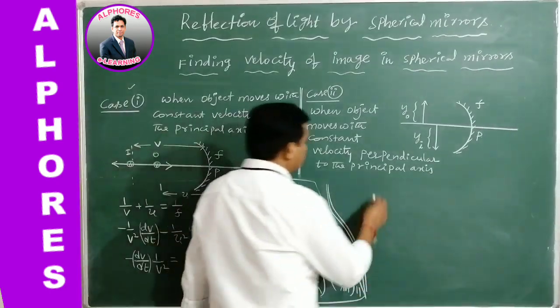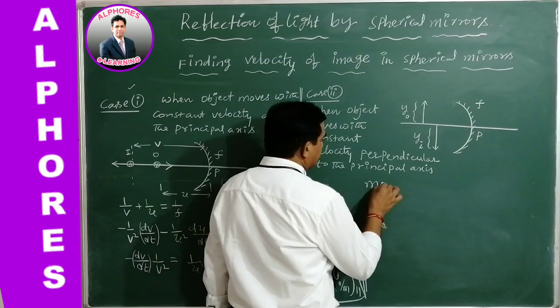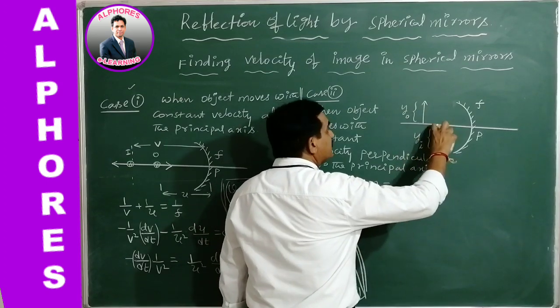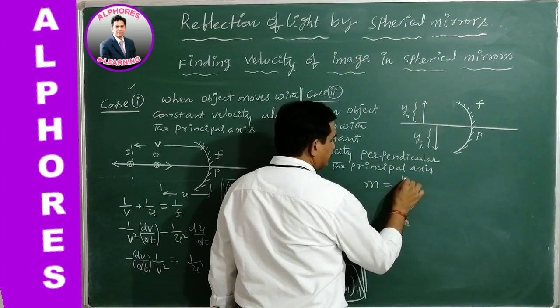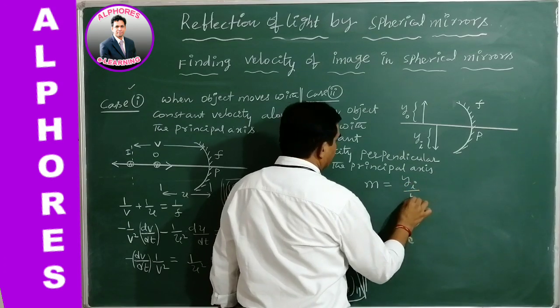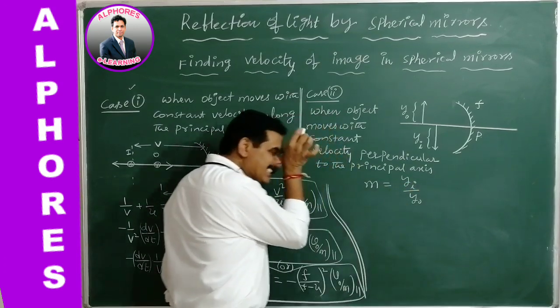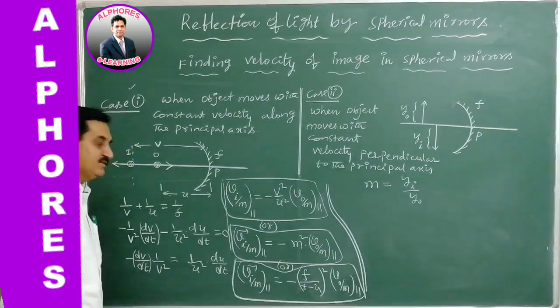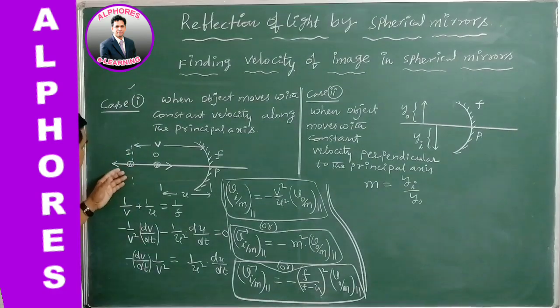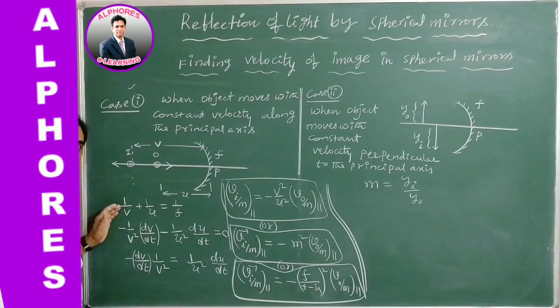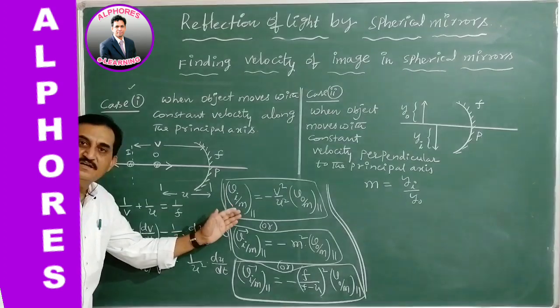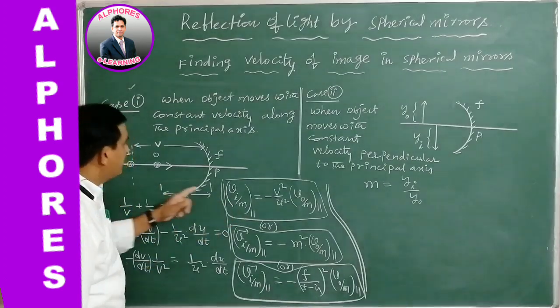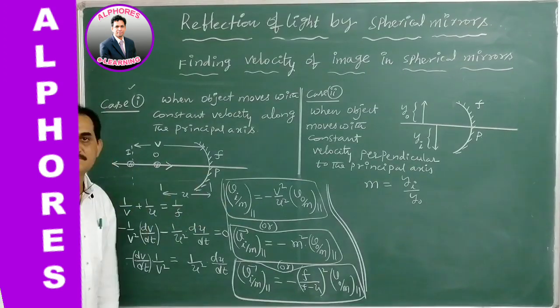We know the lateral magnification is size of the image by size of the object, yi by y naught. Here, for the along-axis case, we considered the mirror formula, then differentiated with respect to time, and by simplifying we got the component of velocity along the principal axis.